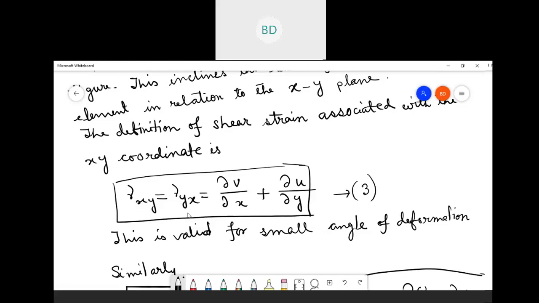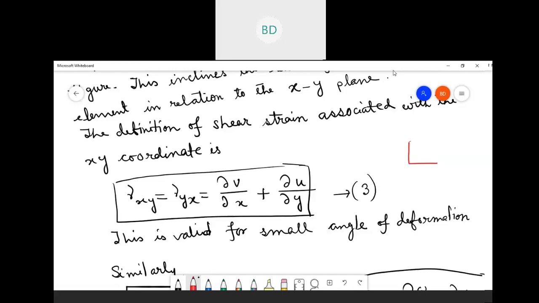Why? Because, as I told earlier, the first subscript will indicate the particular coordinate or plane, and the second will show you the direction. So let me draw one small diagram here.